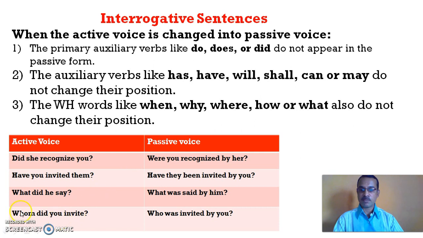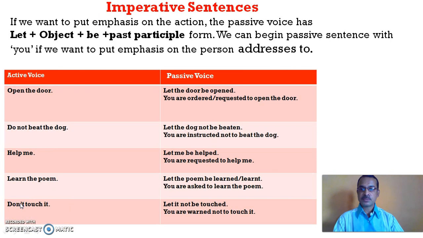These are very important. In the next slide, we have imperative sentences, that is Adnyarthi Vakya. While converting imperative sentences into passive voice, let us take the example of 'Open the door.' 'Let the door be opened.' It is a very simple method.